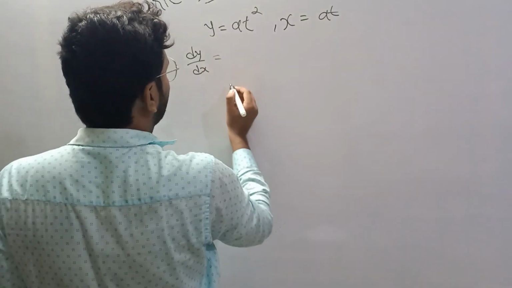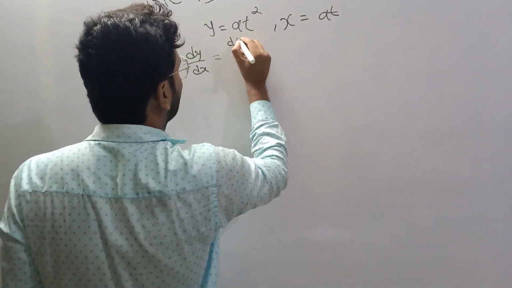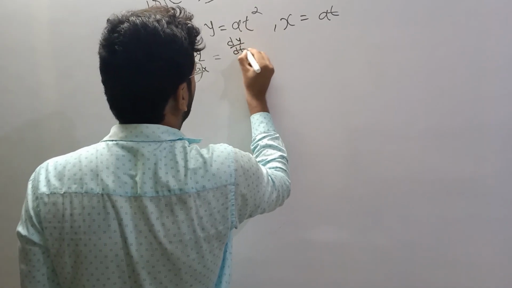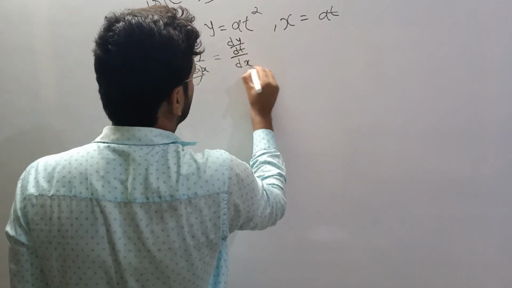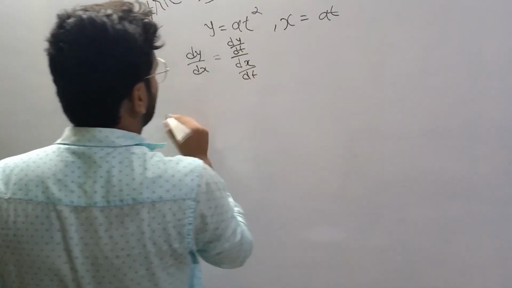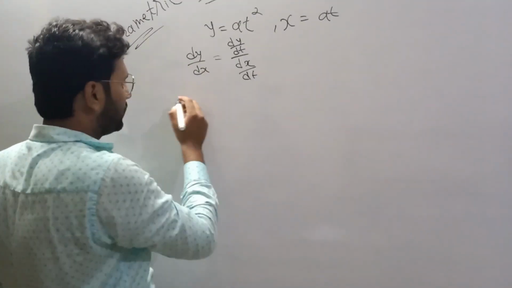So here we have a new formula, which is dy by dt upon dx by dt for dy by dx.